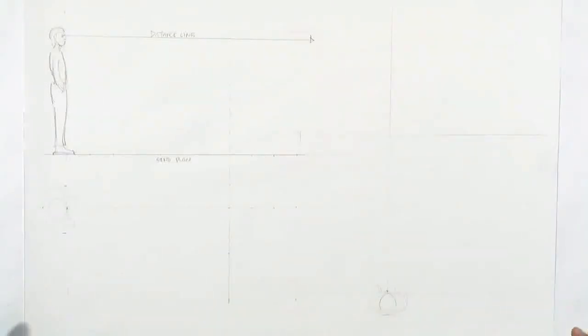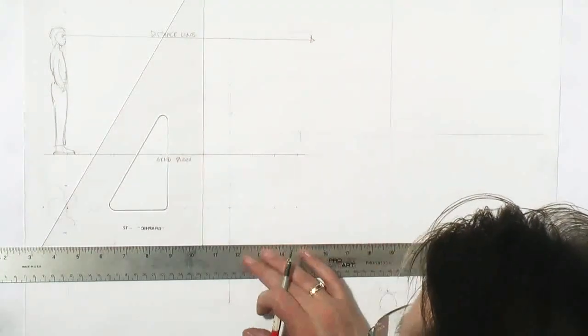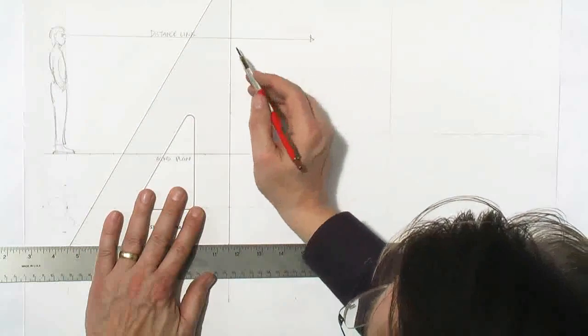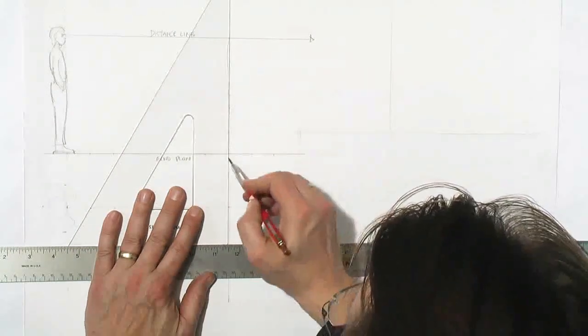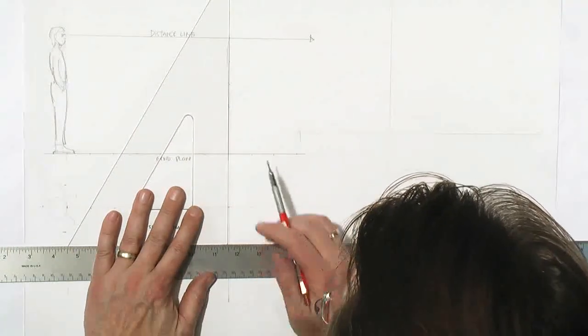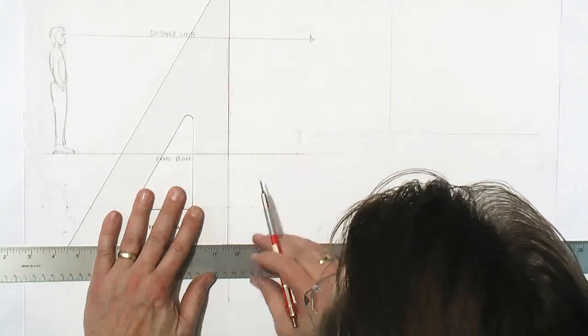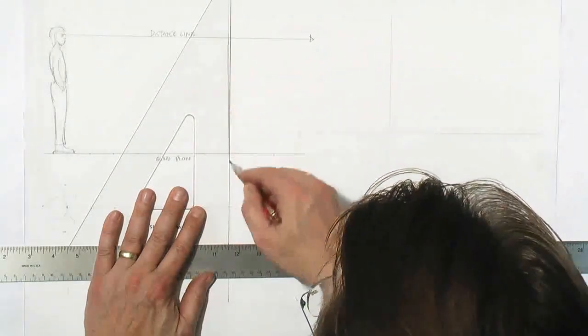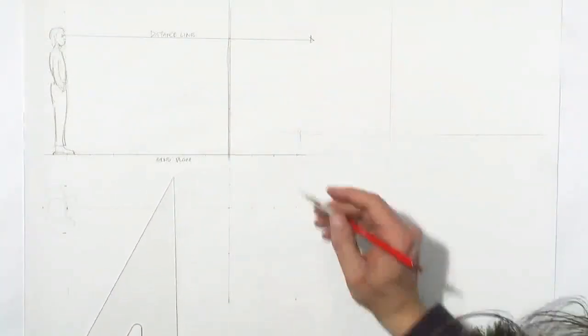And that's our picture plane. I'm going to put that as like a piece of glass, so a little bit of thickness to it. There's the front, a little bit. All right, so that's our picture plane.